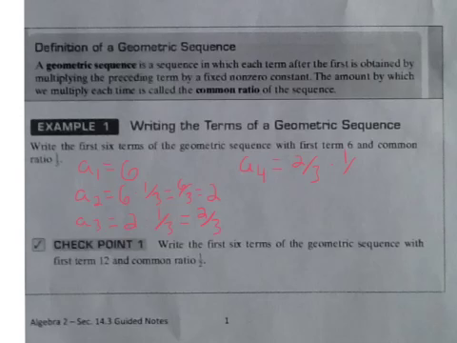If I can draw 3, that would help. There we go. 2/3 times 1/3, that is 2/9. A5, that would be 2/9 times 1/3, and that would be 2/27.